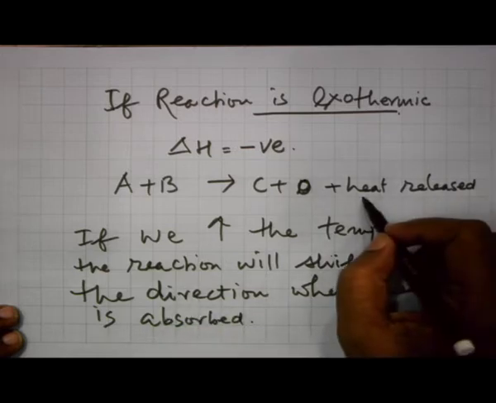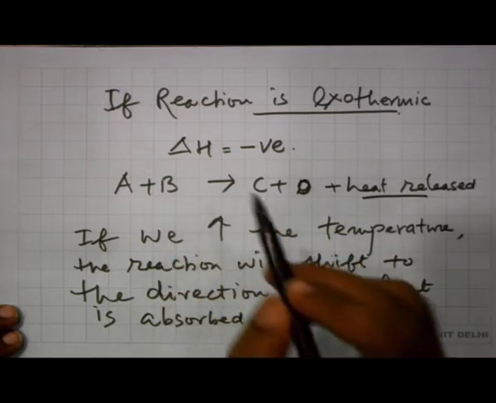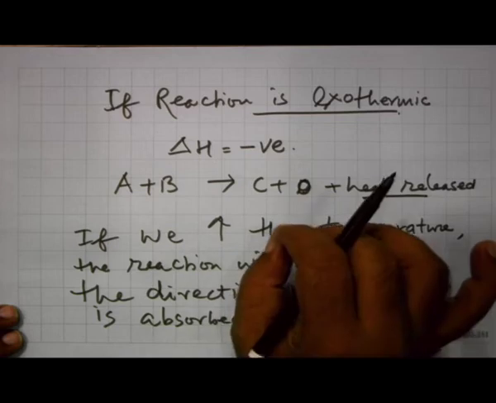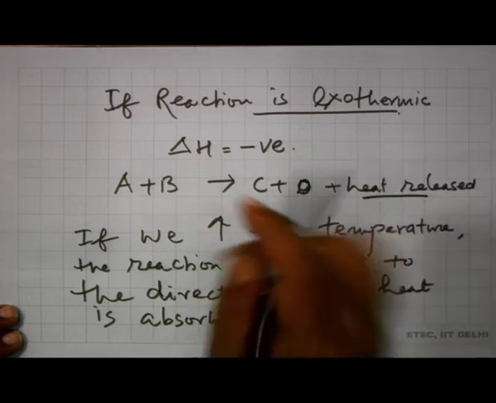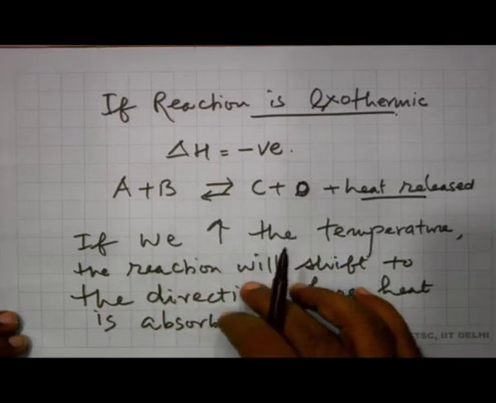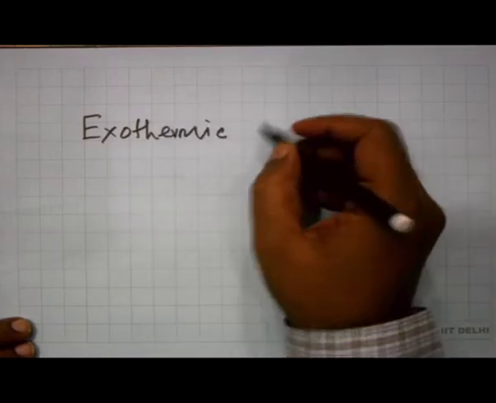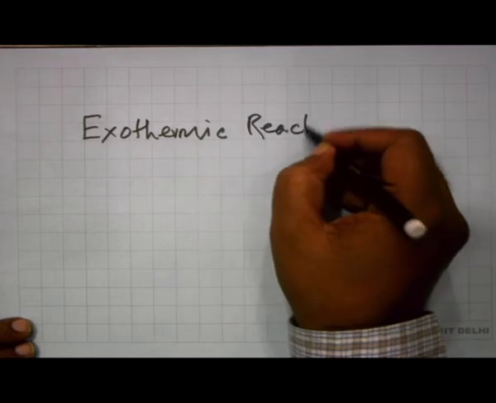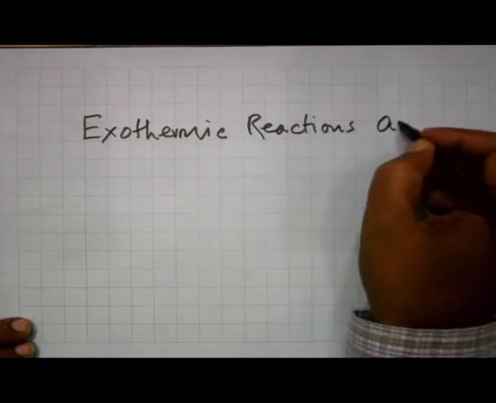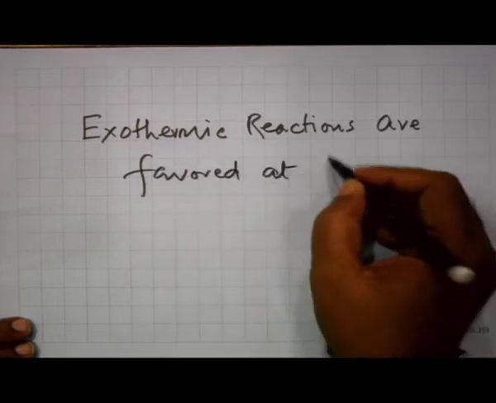Since in exothermic heat is released, heat is absorbed for the reverse reaction. So, if I increase the temperature, the reaction will shift towards the reverse direction. So, basically exothermic reactions are favored at low temperature.